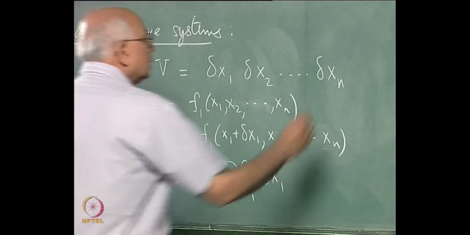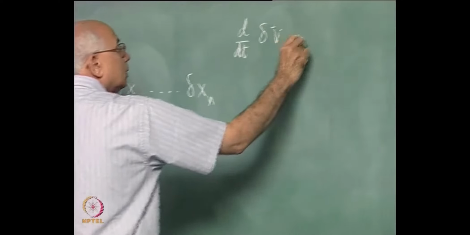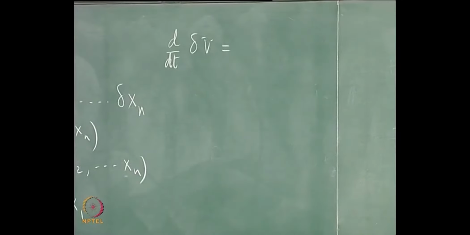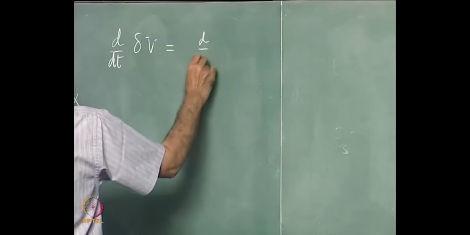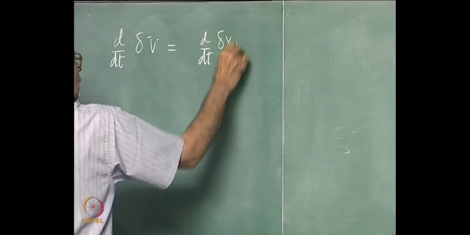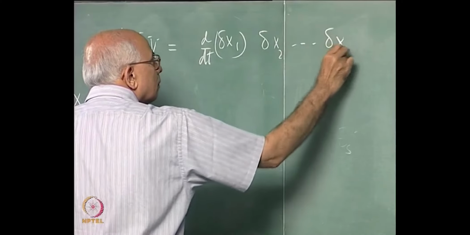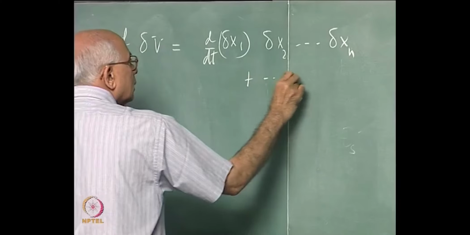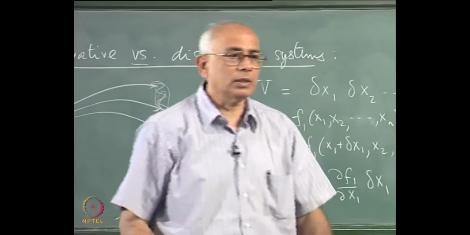Therefore, the rate of change of the volume element delta V can be written down in an extremely simple form, because this is equal to d over dt of delta x1 multiplied by the rest of it, plus n minus 1 other such terms in which each delta x1 is differentiated in turn.